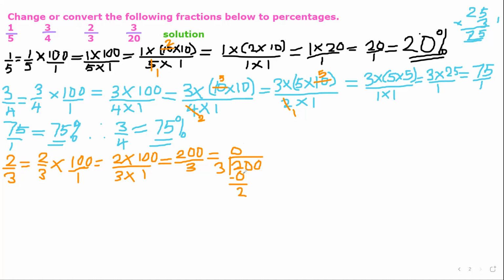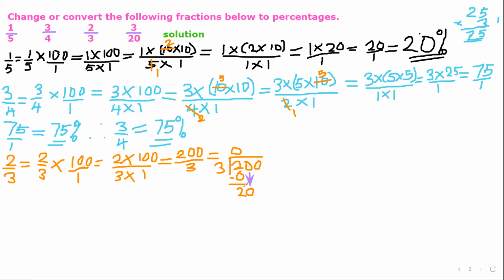Okay, good. The next day they will share this 0. So you drop this 0 down here. When you drop it, it becomes what? 20. When you drop it, it becomes 20 here.